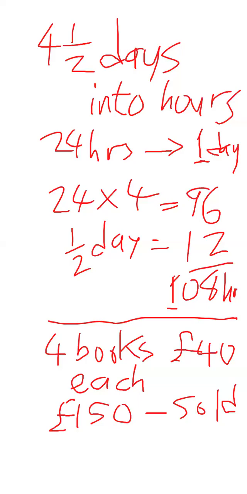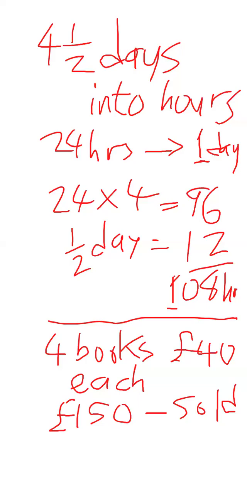So what you would do is, since you bought 4 books for £40, well, you bought one book for £40, you would do 40 times 4. I know that 4 times 4 is 16, so I times that by 10, which will give you 160.